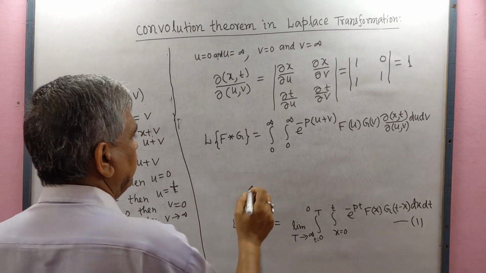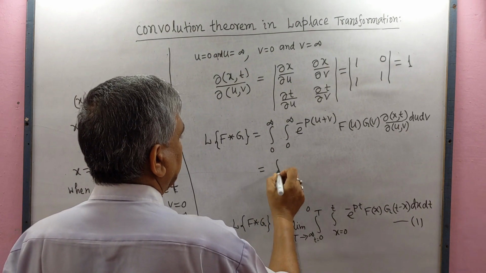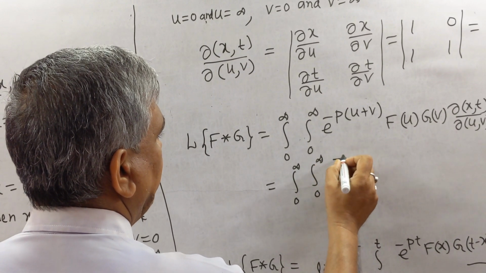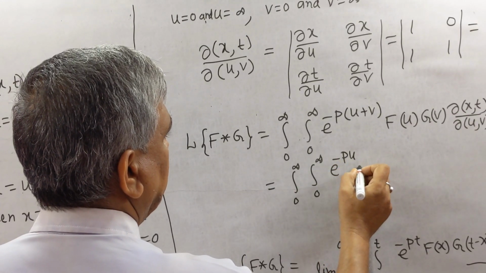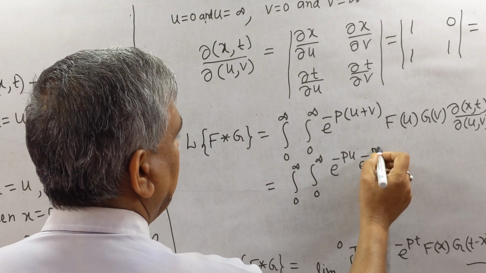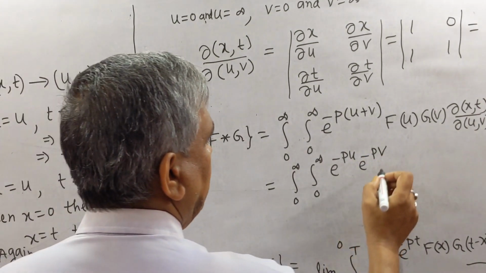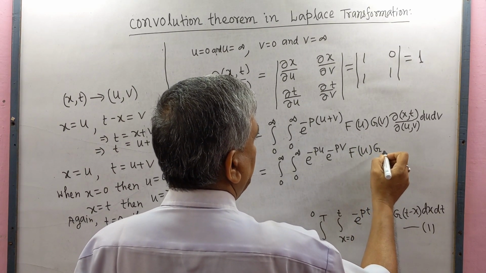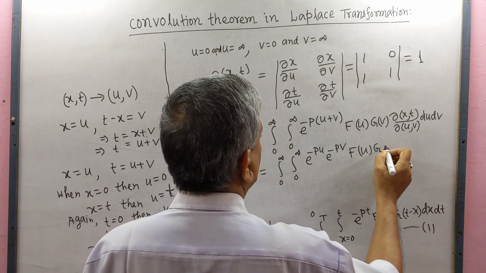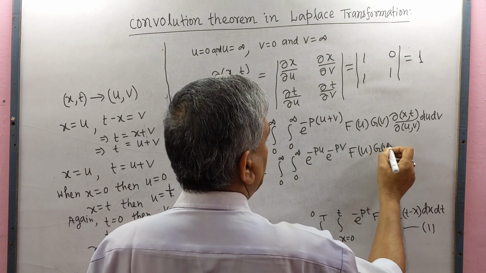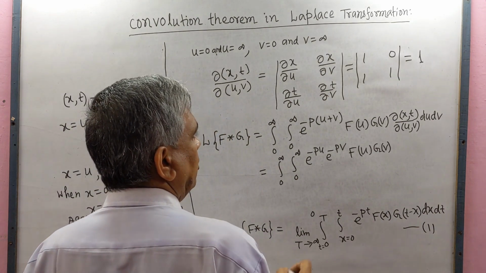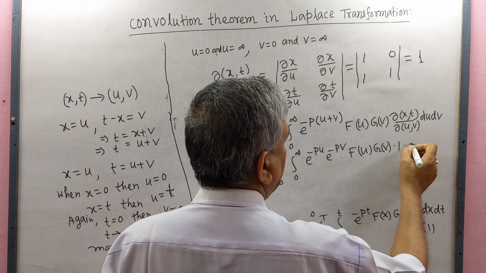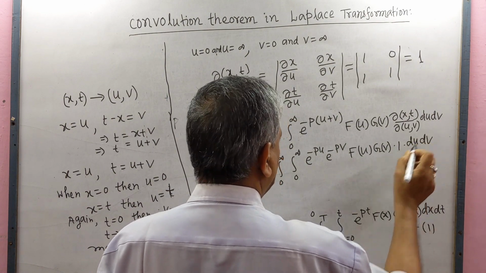So we may write this as the integral from 0 to infinity, 0 to infinity, e to the power minus pu, e to the power minus pv, f u, g v, times 1, du dv.